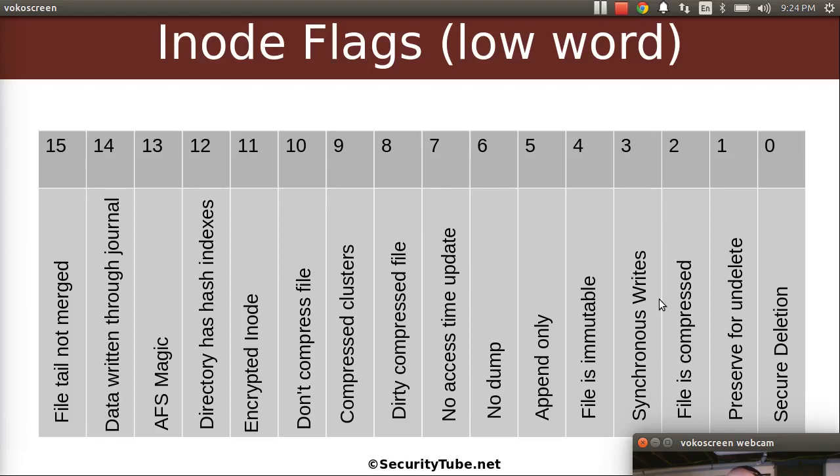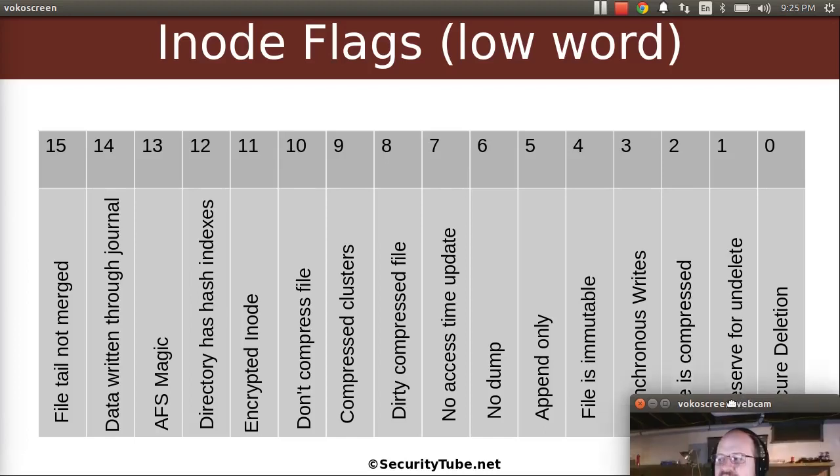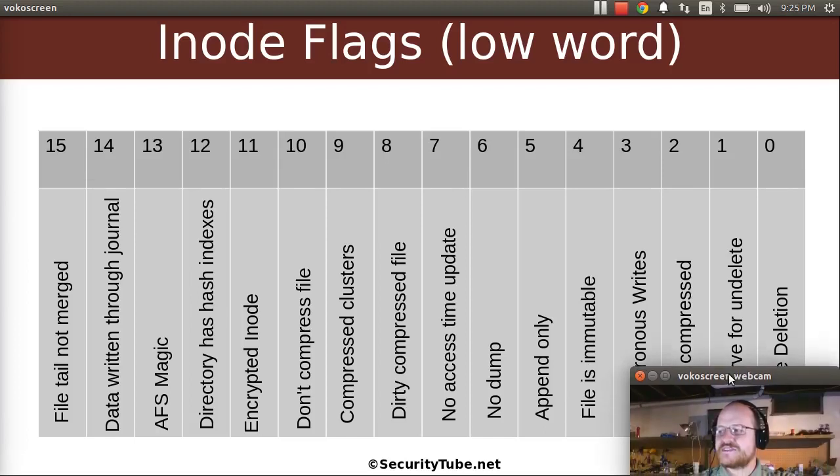In other words, don't cache when you're writing to this file. We have a flag to say a file is immutable and should not be changed. We also have a flag that says please only append to this file. Now I should point out that many of these flags are here, but their support is non-existent. Not all of these things are supported by the operating systems. There's a no dump flag and a flag to say please don't update the access time.